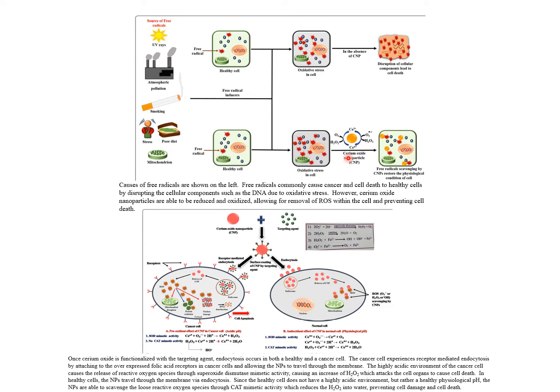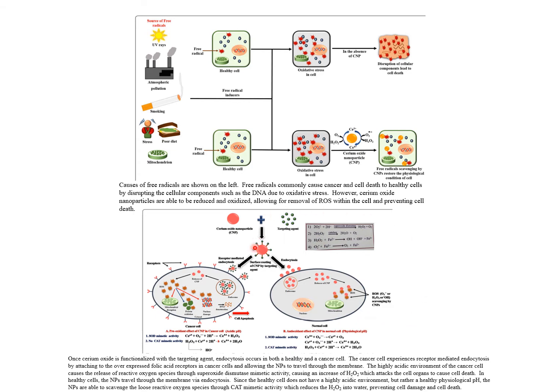And this is then reacted to give reduced cerium and oxygen. So it takes out all of the damaging things in the cell and returns it to physiological, healthy condition.